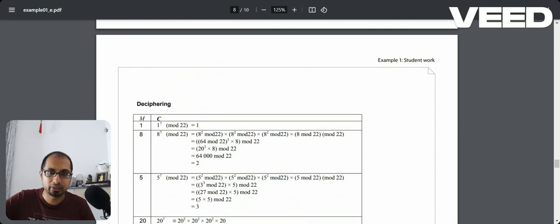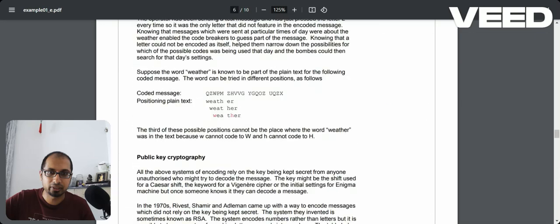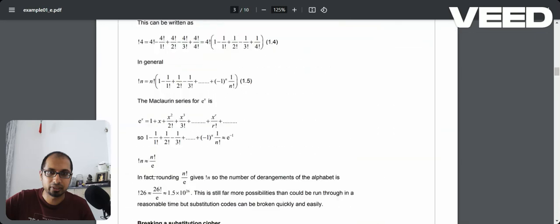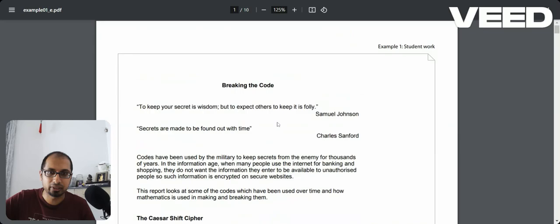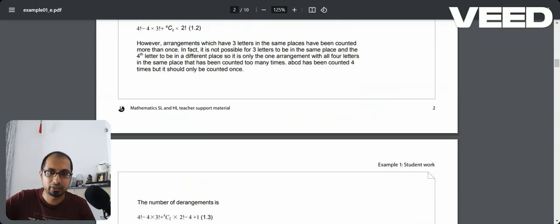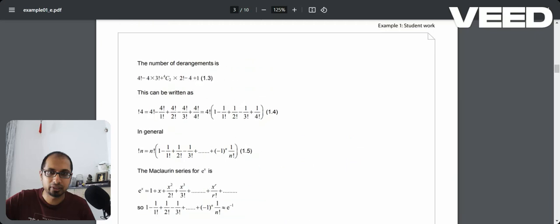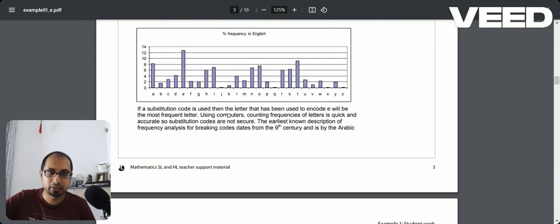And then the last criteria is use of math. As I was saying, if it's work coming from an SL student, the math is quite substantial. The student uses nCr, uses the Maclaurin series.